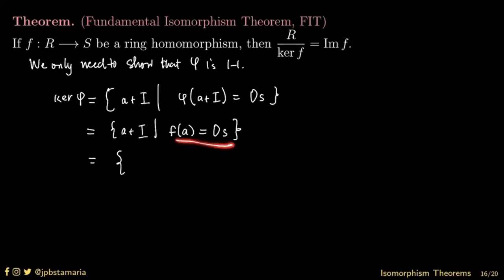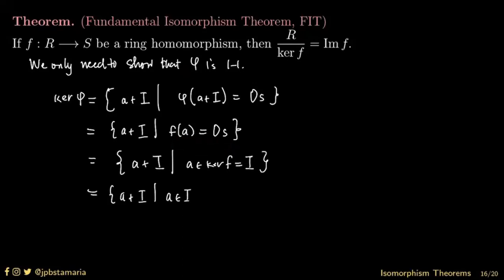But this equation implies that, anong ini-imply niyan? Yung A ay nasa kernel ng F. Eh kaya lang ang kernel ng F, siya mismo si I. Kaya, ang laman nito mga A plus I where A is in I. Eh di ba kapag si A ay nasa I, saan equal yung A plus I?